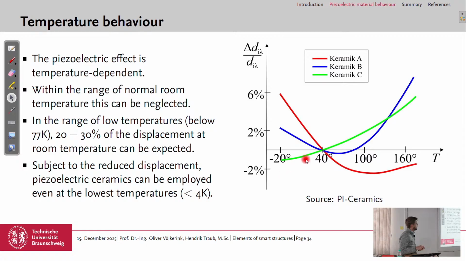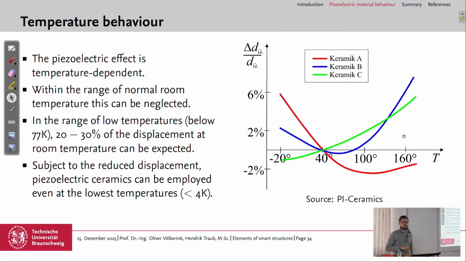If we go to low temperatures, we have between -2% and up to 6% difference in the charge piezoelectric constant. And if we go up to high operating temperatures, then we are again at -2 up to maybe 7%. Why can't we go much higher than this?